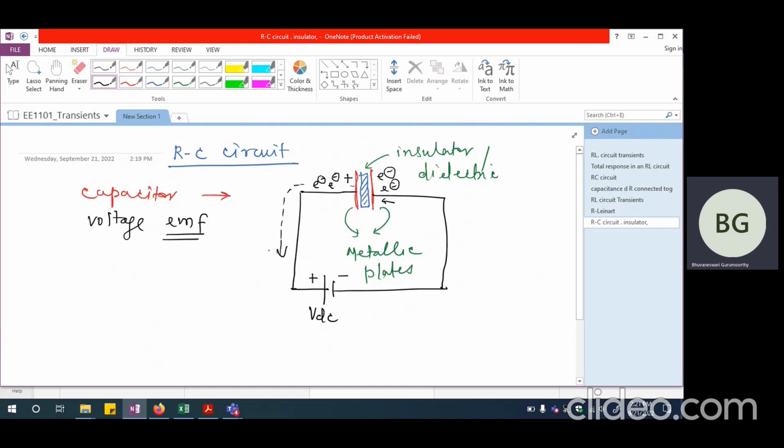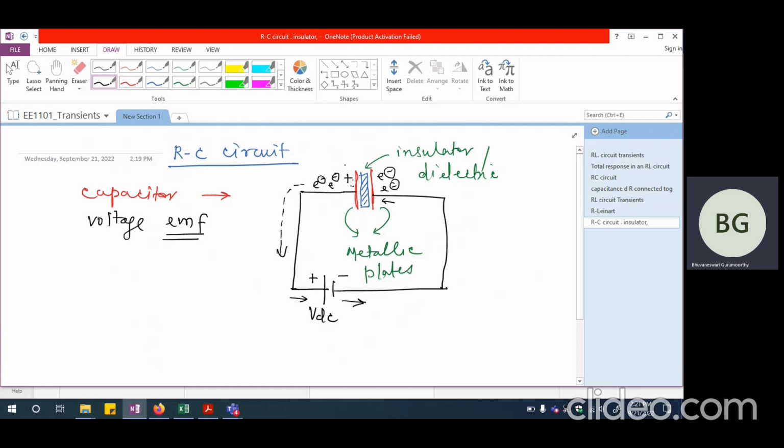The electrons always move towards the positive plate, and the electrons always move away from the negative plate. So you're going to have depletion of electrons in this particular plate and accumulation of electrons in this particular plate.